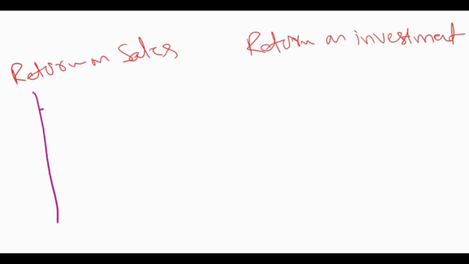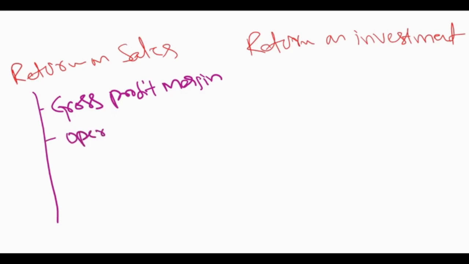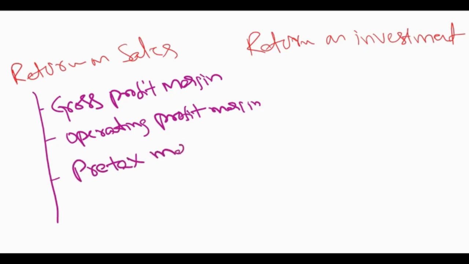One is gross profit margin, and operating profit margin, and third is pre-tax margin, and fourth is net profit margin.